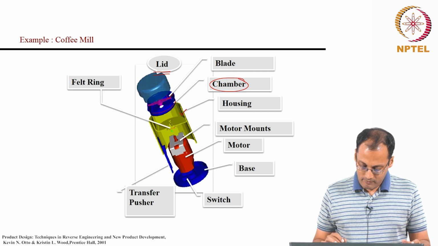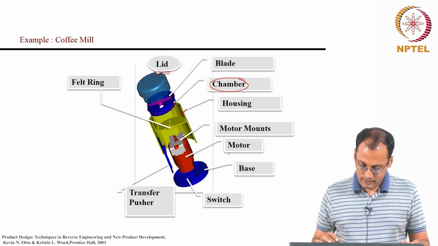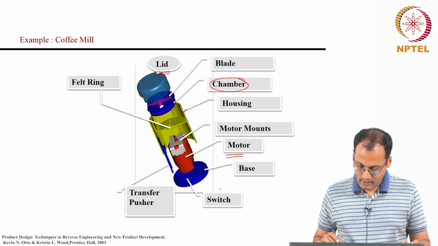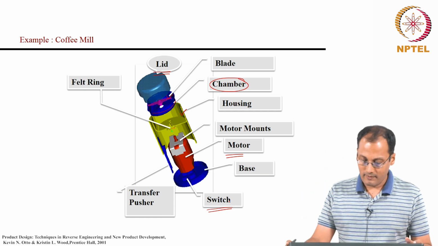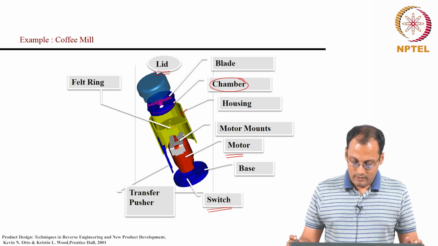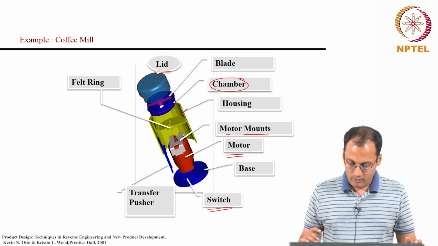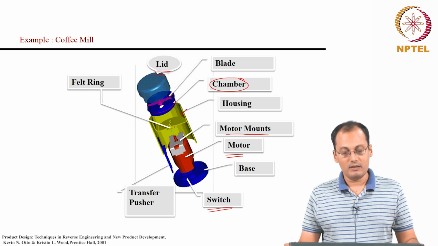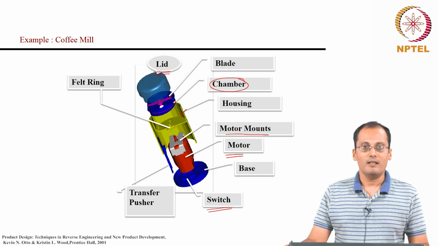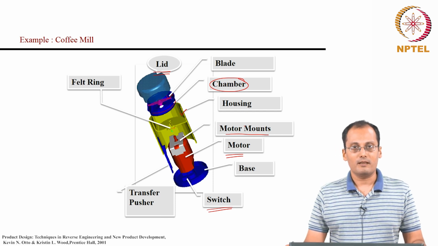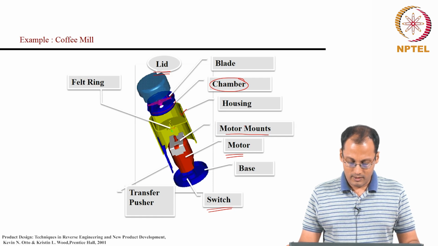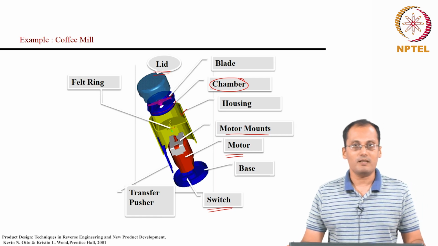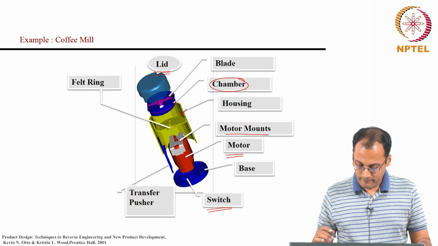The motor is the prime mover which moves the blade and it has some electrical connections like switches and wires. There are some motor mounts to help properly mount the motor, because that is the moving equipment or the component, and it might cause undue vibration if it is not properly mounted.